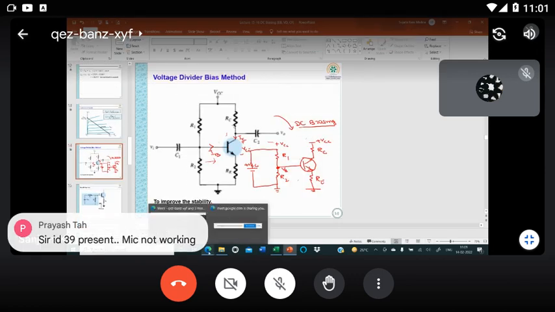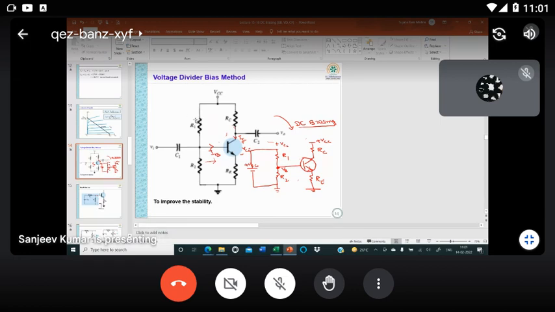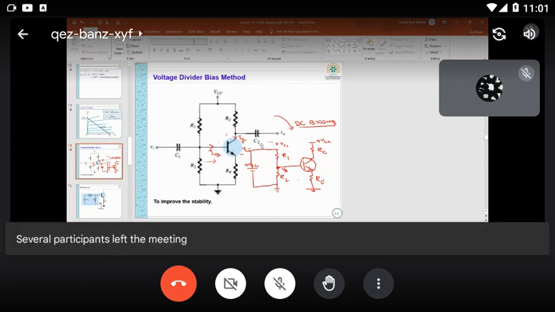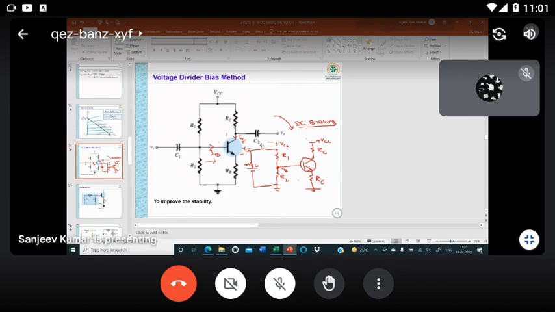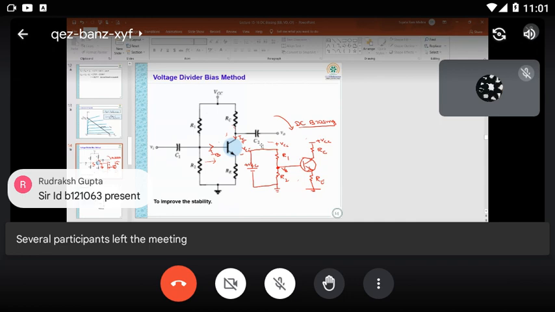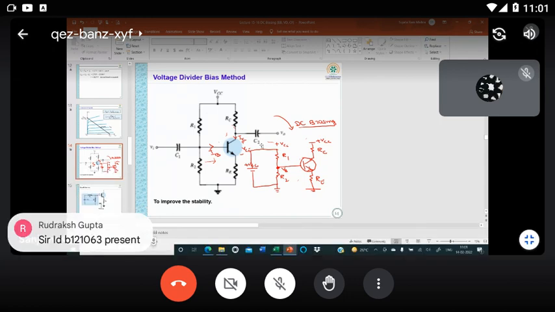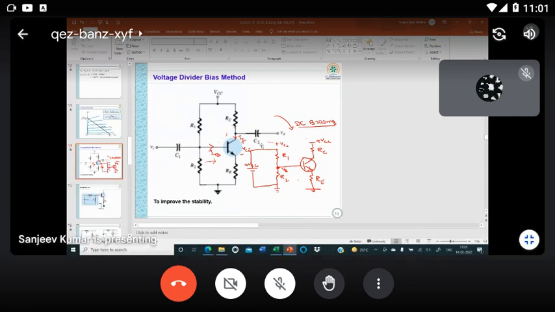Sir, in the last circuit, the voltage divider, are R1 and R2 the RB values, the base current resistors? No. Earlier RB, the base resistor, is replaced using two resistors, R1 and R2, because your input voltage is now divided. That's why the method is named so.